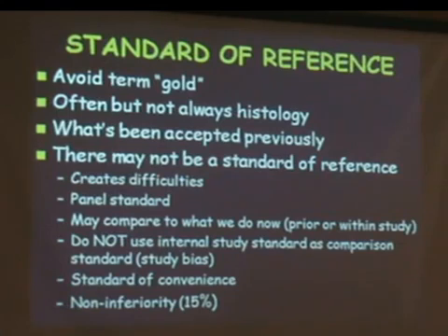So if I develop a new MR scanner that costs $100,000, and I prove it's 85% as accurate as the old MR scanner, I should buy that new MR scanner. And that's called non-inferiority. And radiologists don't use that enough in their analysis as well.